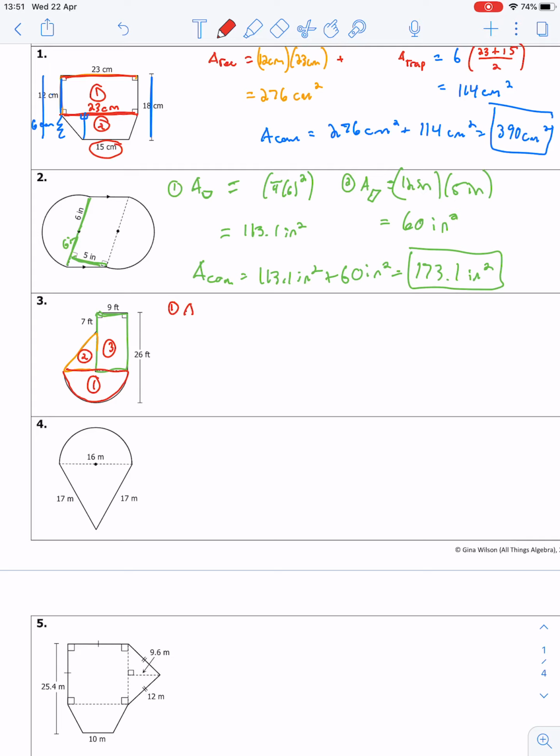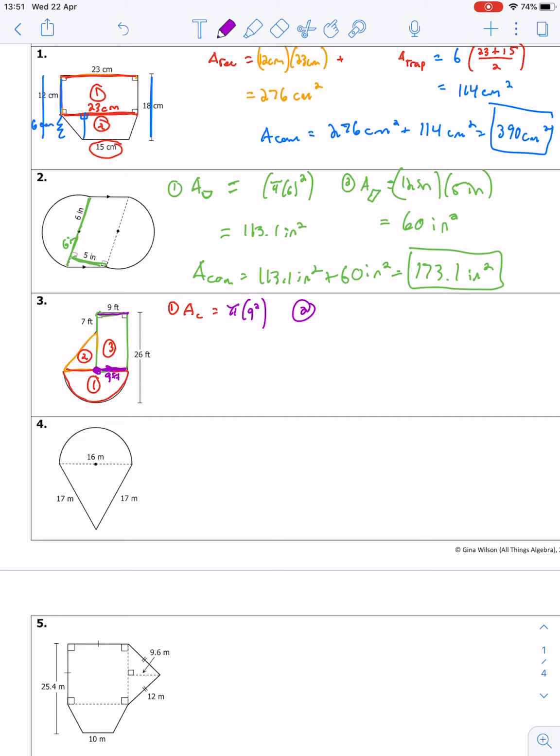So 1 will be area of circle. I'll just put C for circle. We have to find the radius. That's pretty easy actually. Since this will be the same as this, and that's halfway, we know our radius is going to be 9 feet. So it's going to be pi 9 squared.